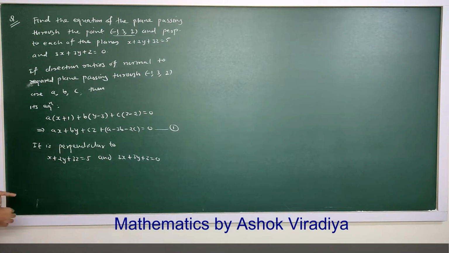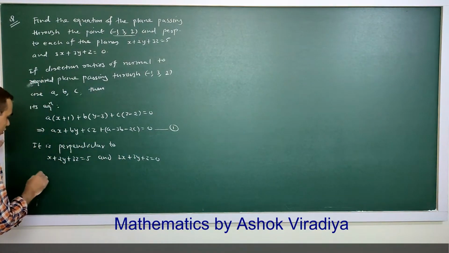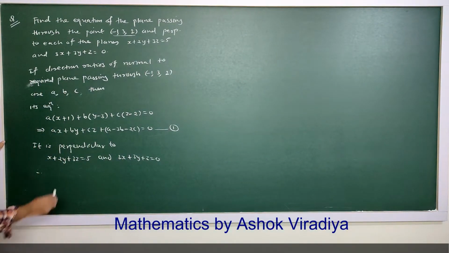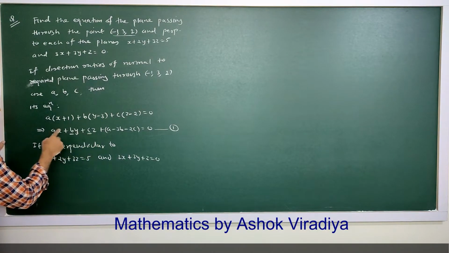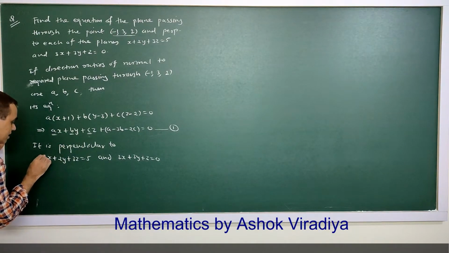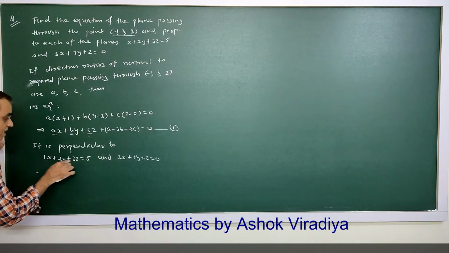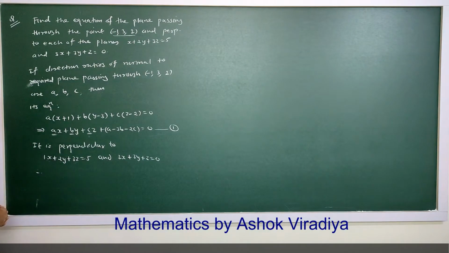Now see, this is perpendicular to these two planes, therefore here A, B, C are the direction ratios of the required plane, and here 1, 2, 3 are the direction ratios of this plane with which it is perpendicular.